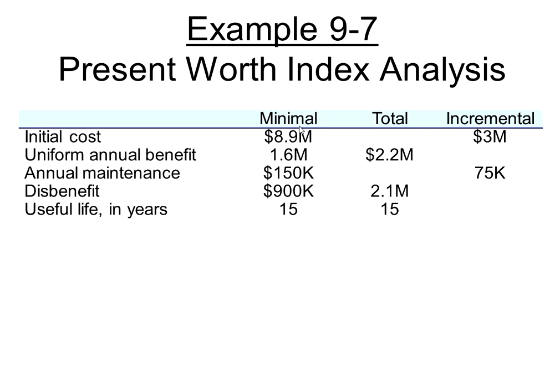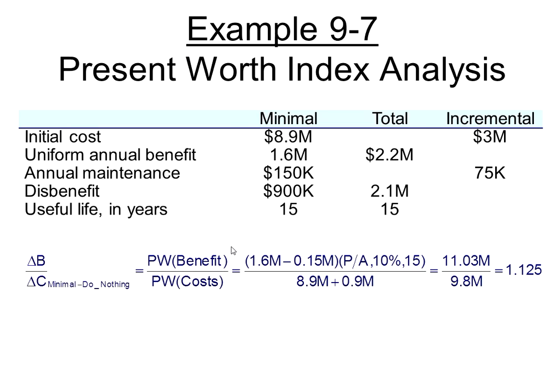If you have minimal construction versus total construction, it's very similar to the previous example, but we are using the present worth index analysis, so for private sector analysis. Again, everything goes on top, and only the present worth of the costs goes at the bottom. So minimal versus do nothing.